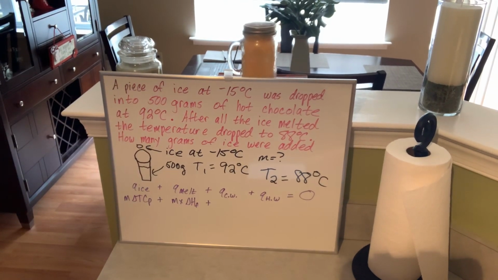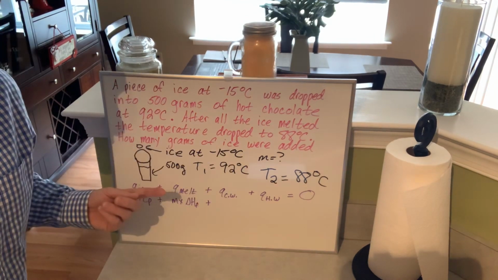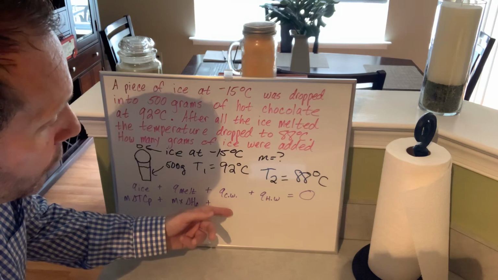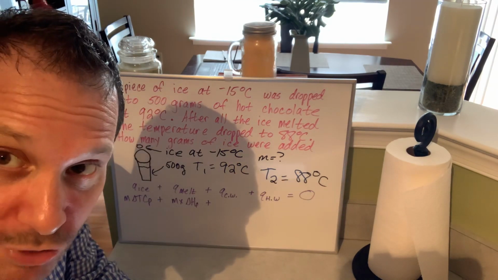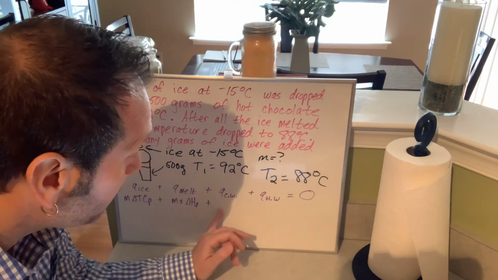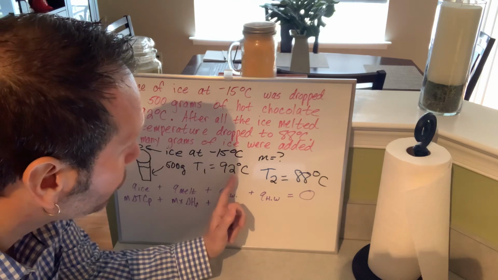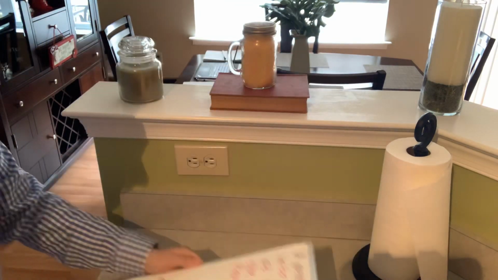All right, now the ice heated up to 0, it then melts, becomes water at 0. That cold water is going to go from 0 all the way up to the final temperature of 88 degrees Celsius. So there's an M delta T Cp for that. And the hot water, of course, is cooling from 92 to 88, so there's an M delta T Cp for that.